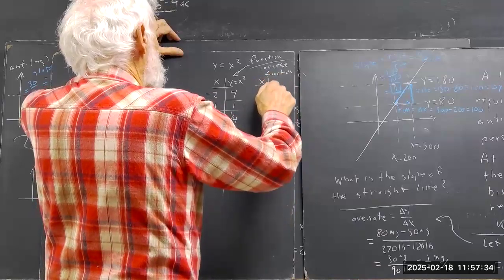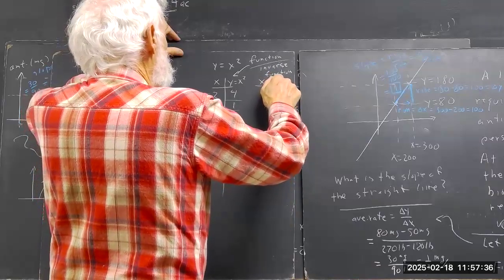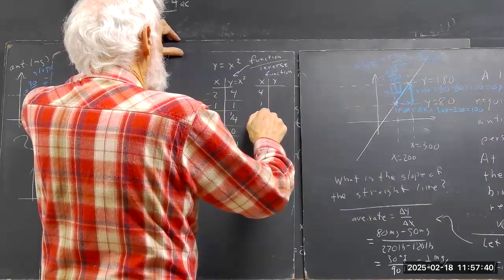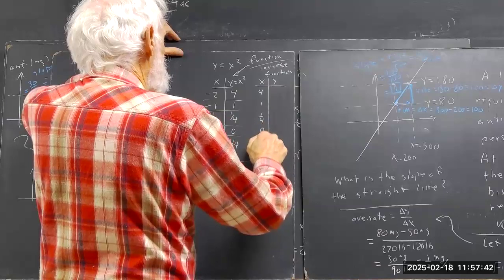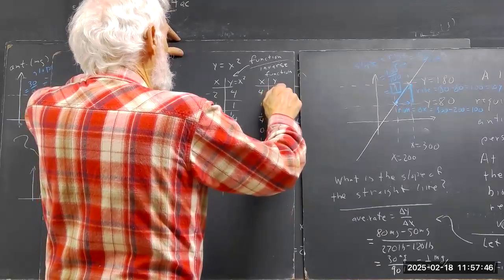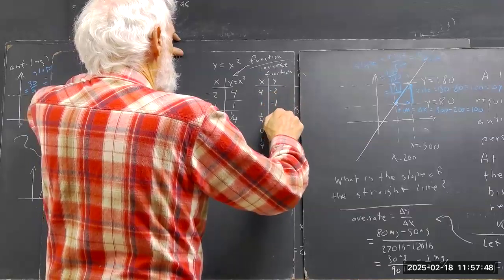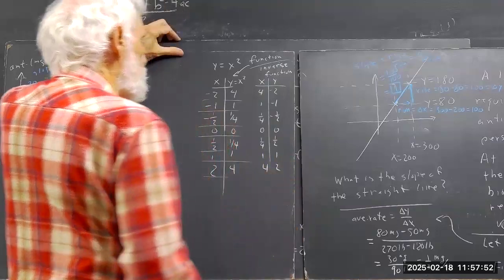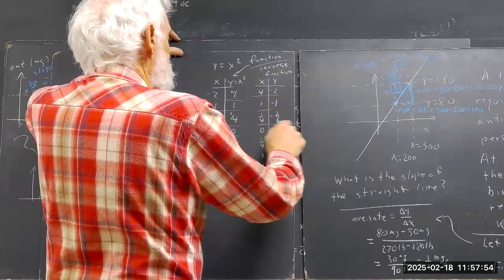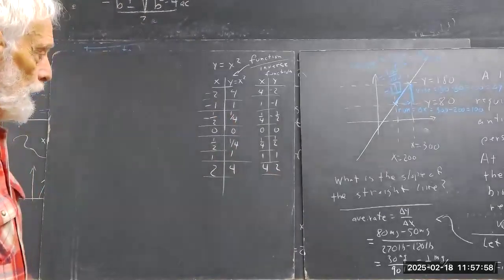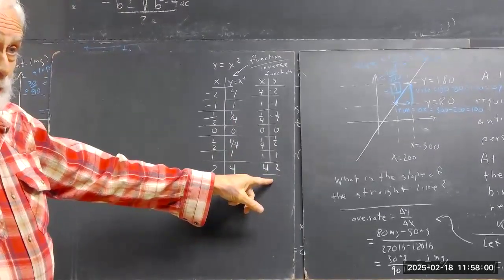Looks like this. Does everybody see how you get the inverse table?